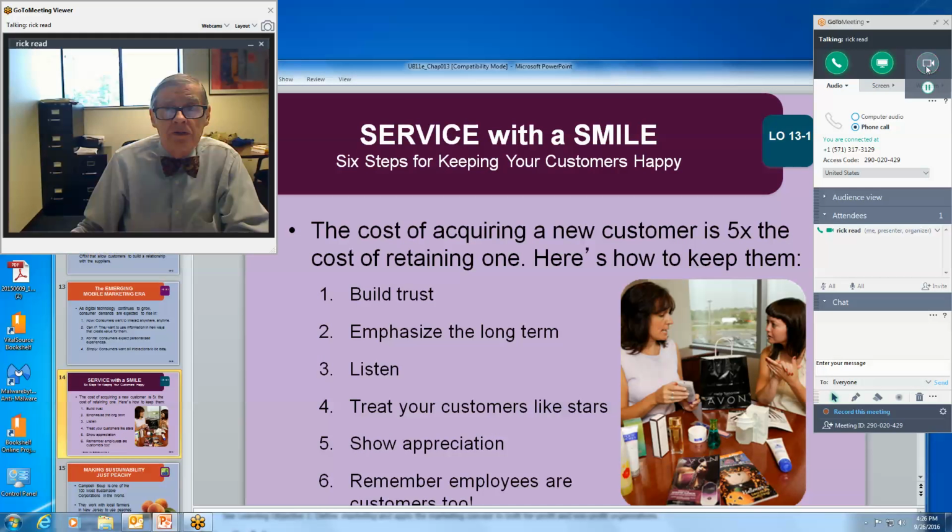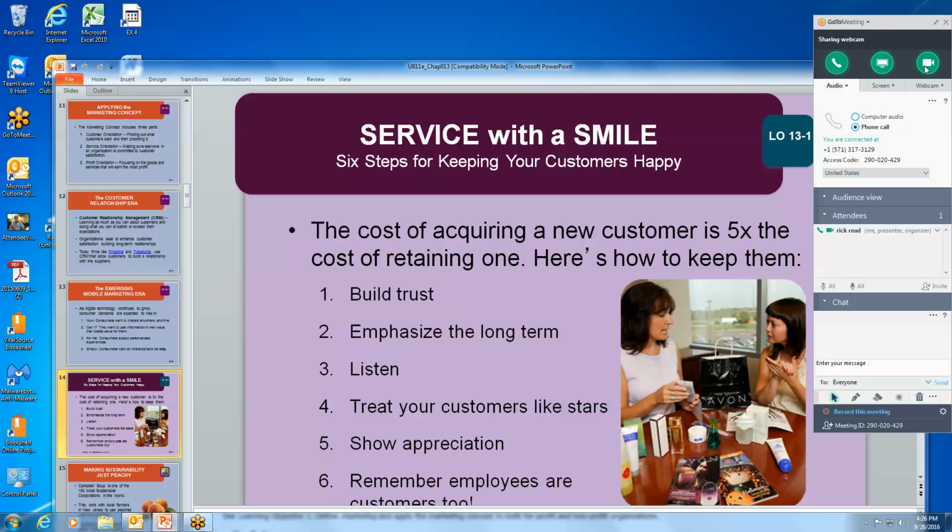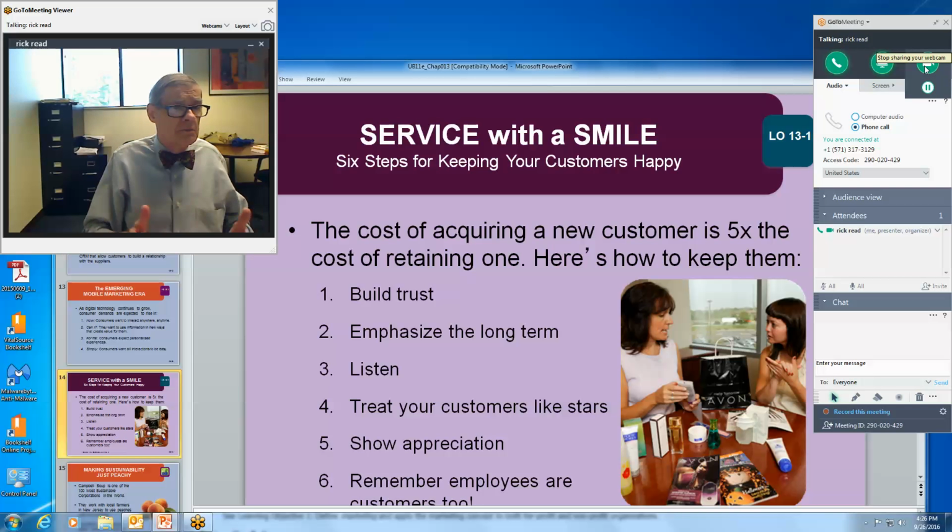This particular slide talks about service with a smile, steps to keep customers happy. I'm not going to dwell on each of these, but there are a couple that I think we really need to point out. One is appreciation. Your genuineness in appreciating getting that person's business shows through, and that's something that has to continue time after time.